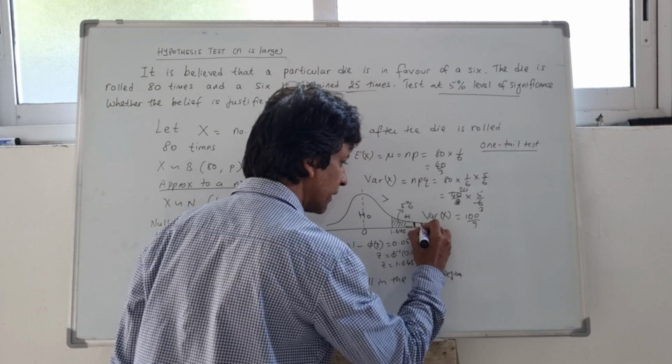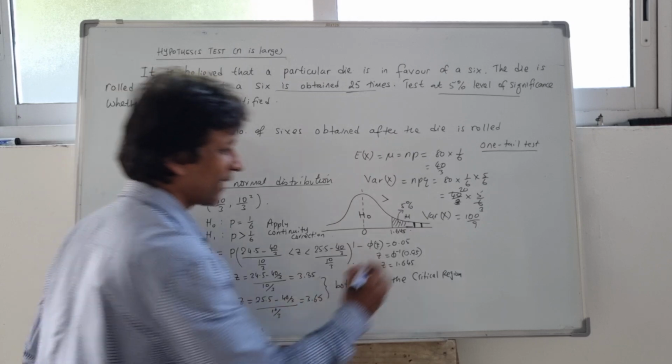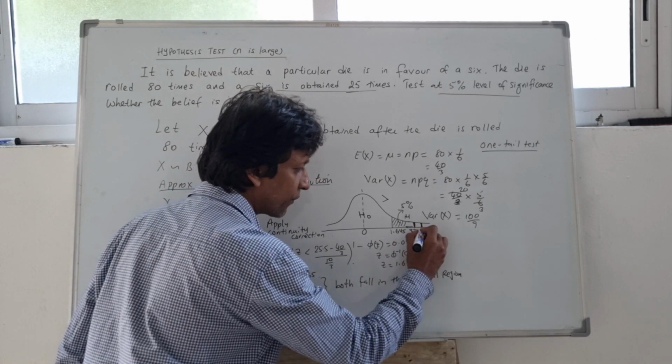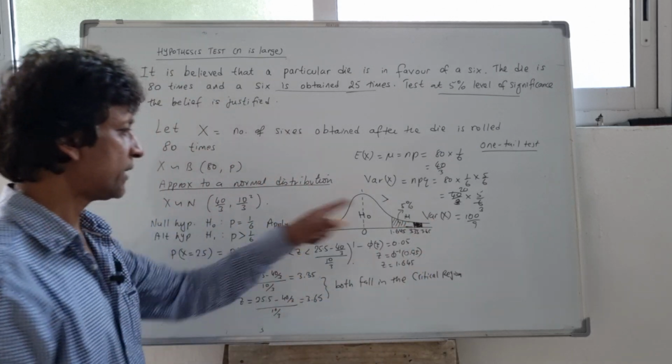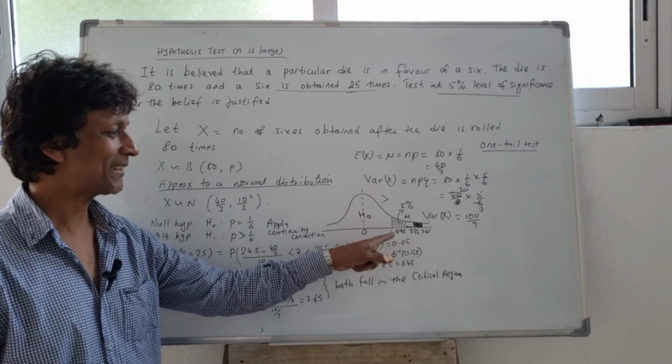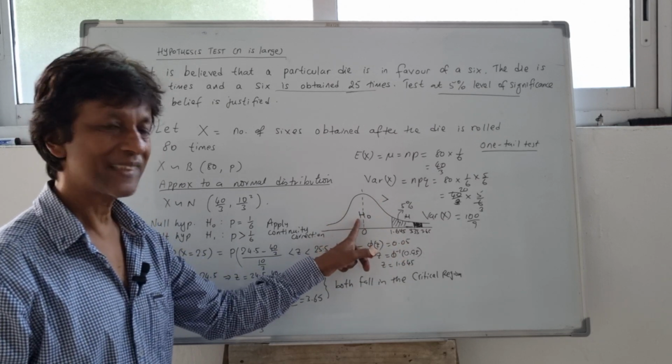So 3.35 and 3.65 fall here in the critical region, as you can see. And therefore, we reject H0.